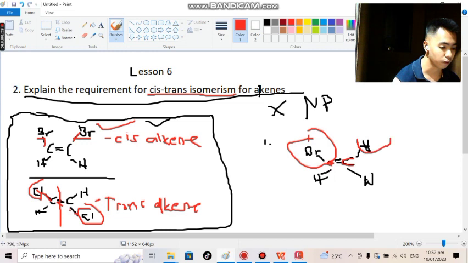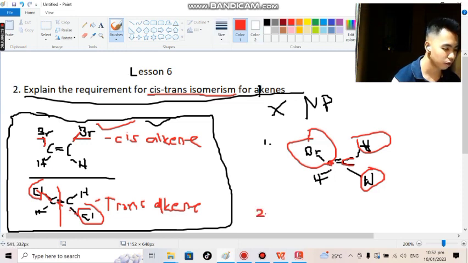So we have a hydrogen here and a hydrogen here. This means that bromine is on only one carbon and it is not possible to have cis or trans isomerism in this structure.